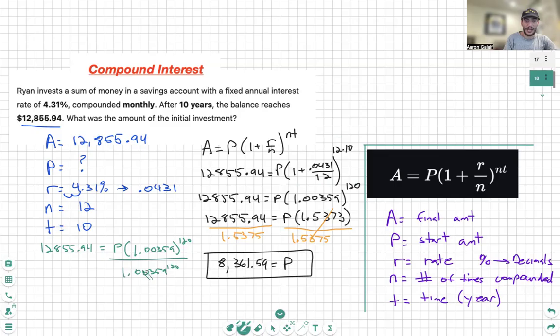When we do that, you'll see the answer differs slightly because we get 8,361.00 as the different answer. So you can see it's different by around 60 cents, so relatively close to one another.